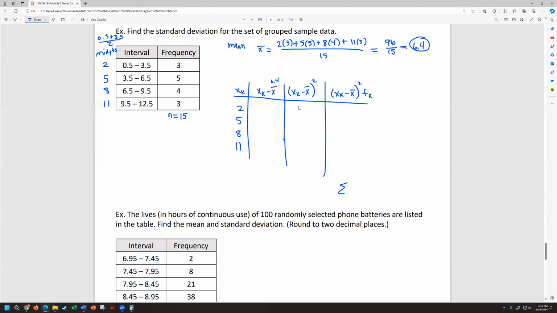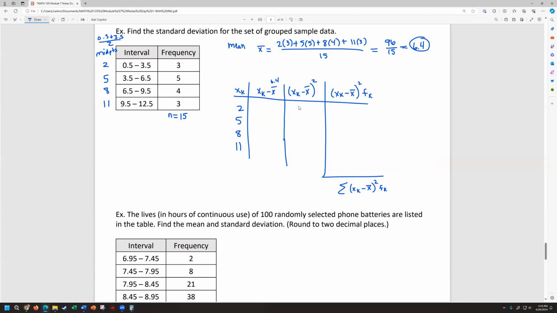So we are going to sum this part at the end, okay? So the sum of all of those, x sub k minus x bar squared times f sub k, okay? All right, so that's the process. So it's one extra step after we've got the midpoints and we get the mean.